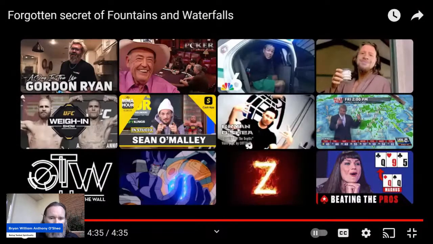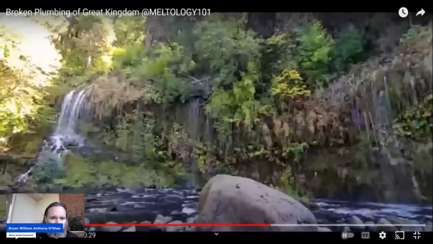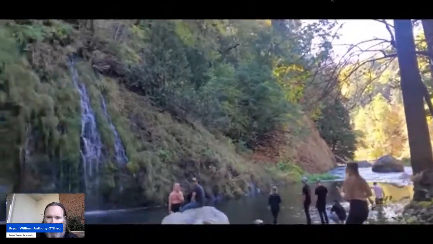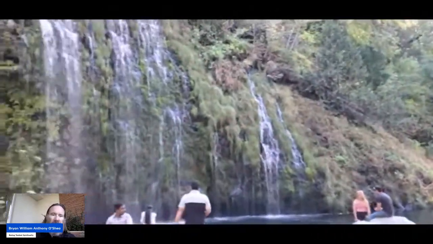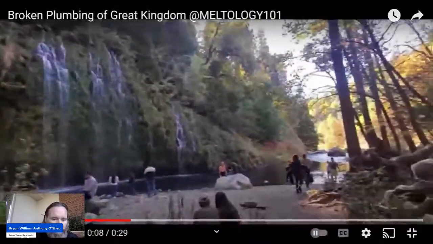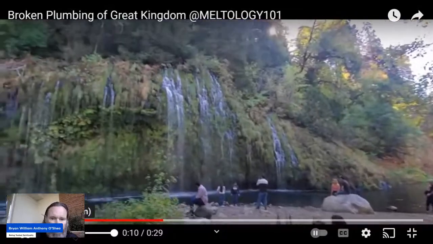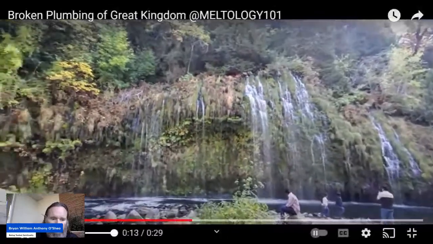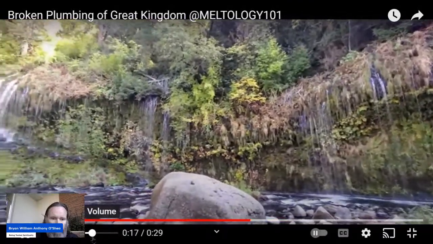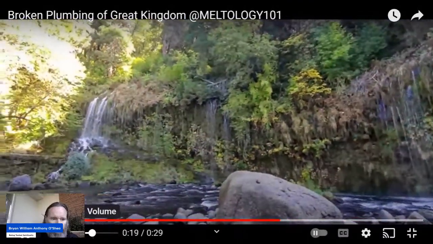Yeah, that's so true, man. When I visited this area that I'm gonna pull up right now, I had such a tremendous desire to stay at this place.